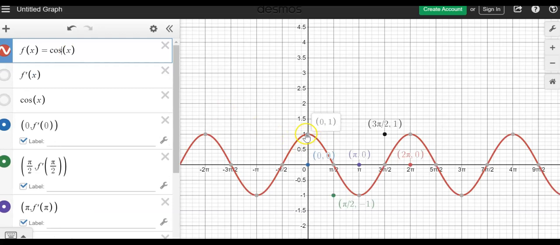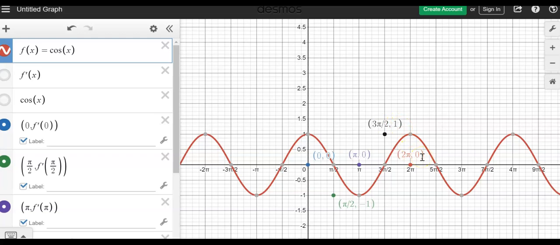So 0 is 0, pi over 2 is negative 1, at pi is 0, at 3 pi over 2 is 1, and at 2 pi is 0.